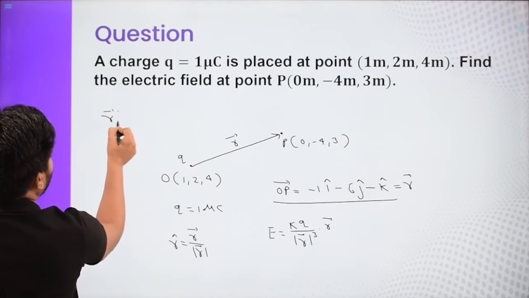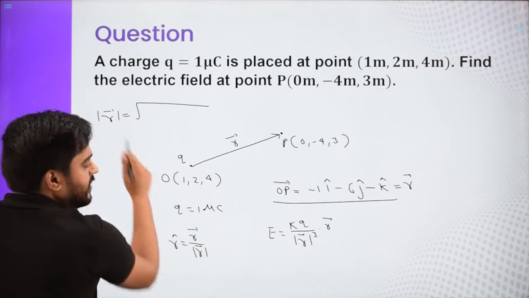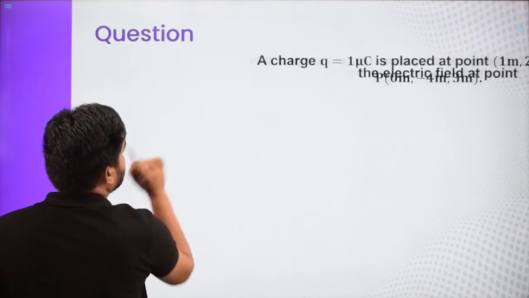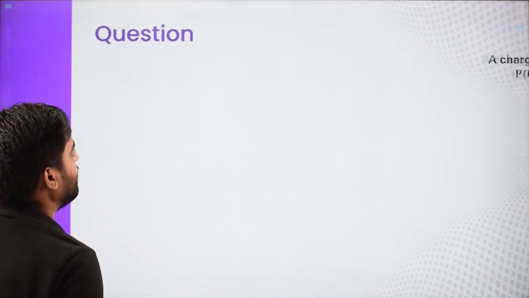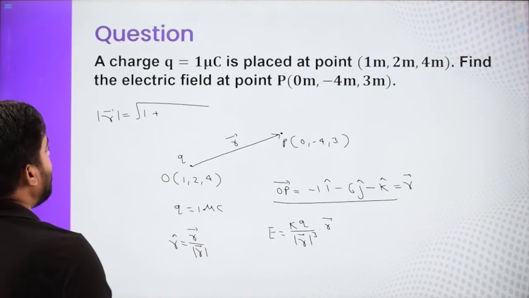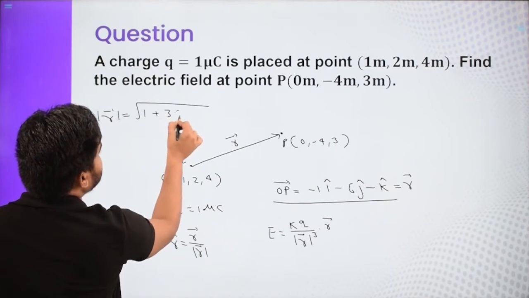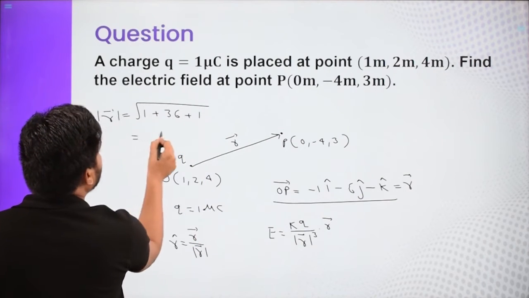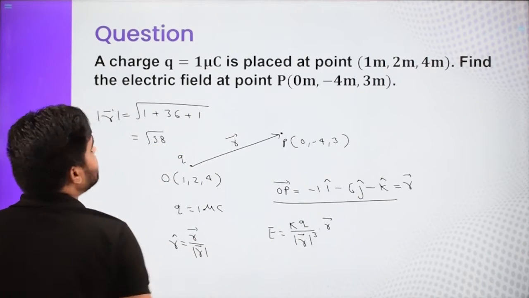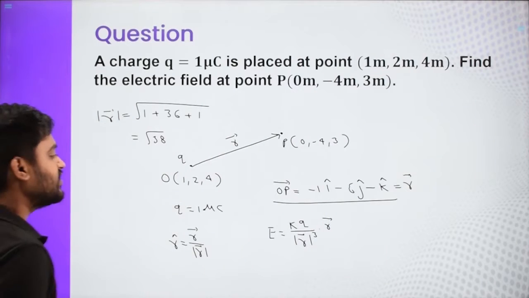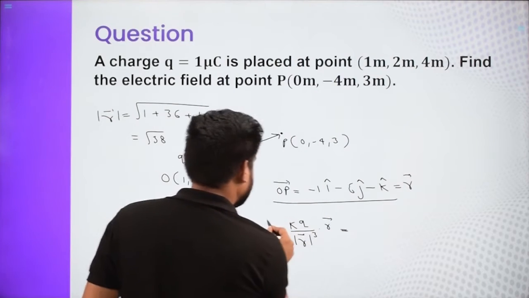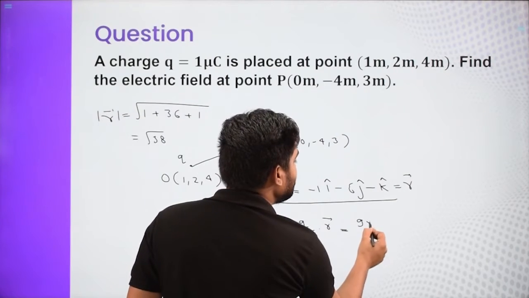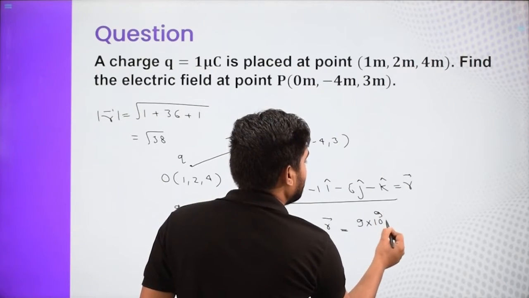So the magnitude of R vector is nothing but root over minus 1 whole square, minus 6 whole square, which is 36, and then minus 1 whole square again, so 1. So it is root over 38. This is my magnitude of R vector. Writing it in vector form, I am directly getting the vector answer. K is 9 into 10 raised to power 9.